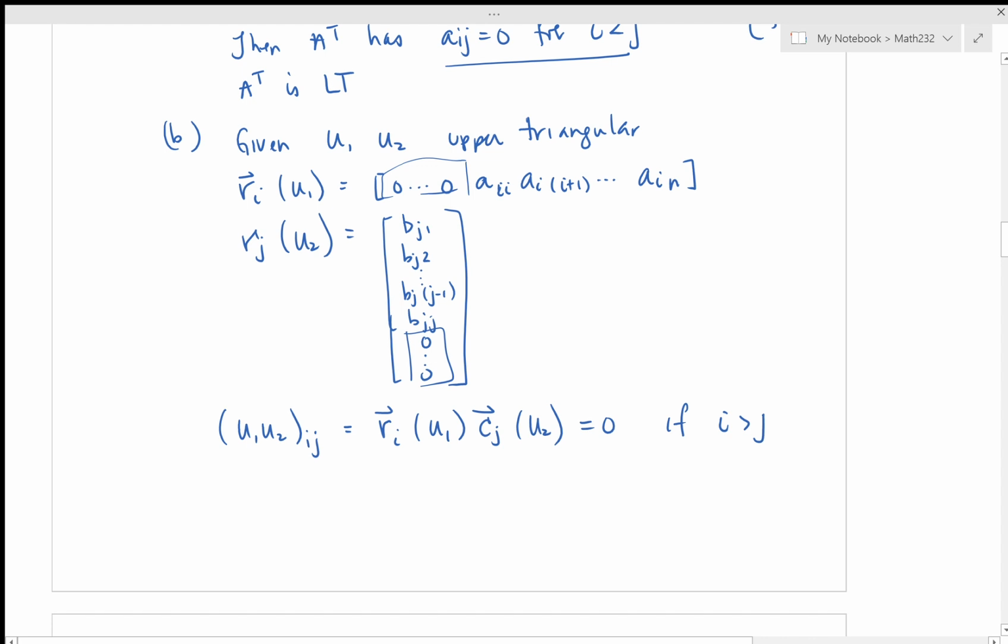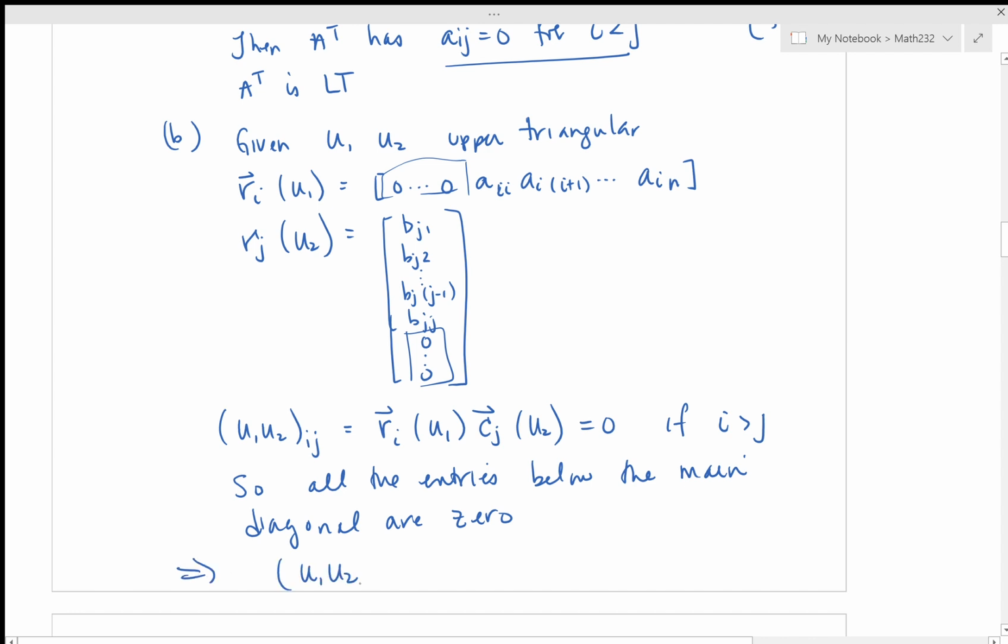Okay, so we can see when this is going to be 0. So this means all the entries below the main diagonal are 0. There you go. The product U1 U2 is upper triangular.